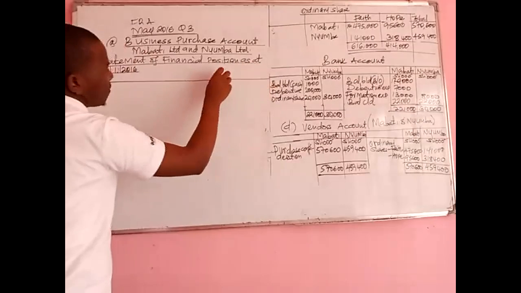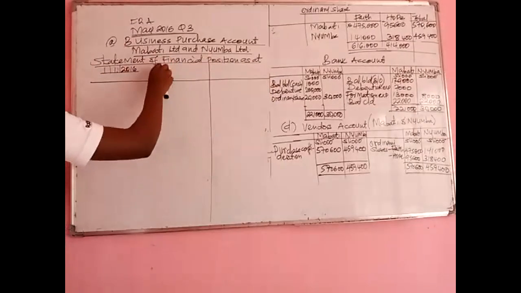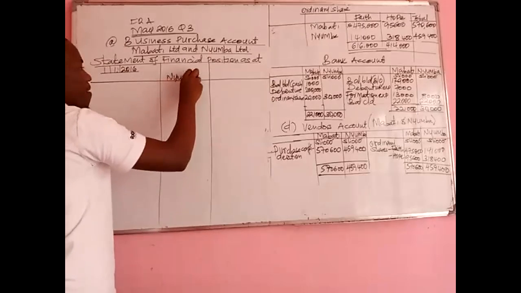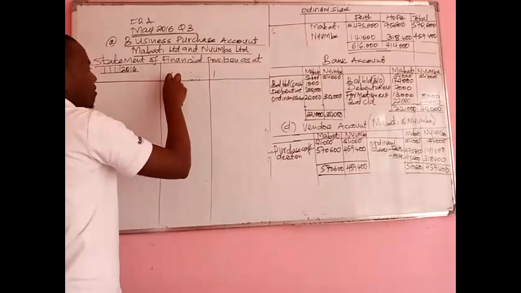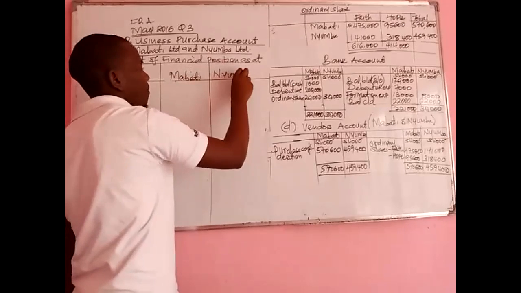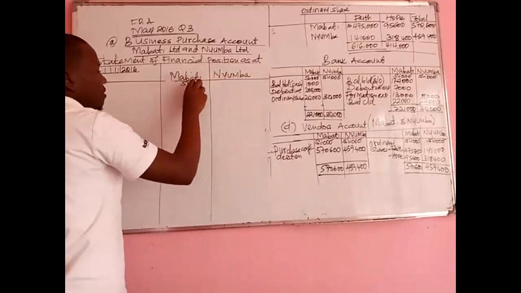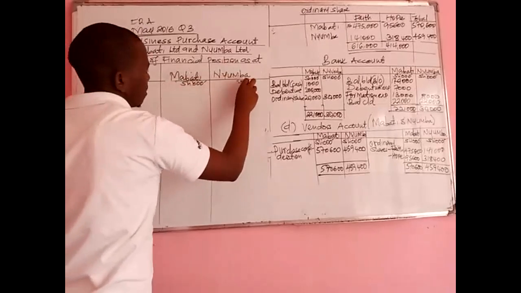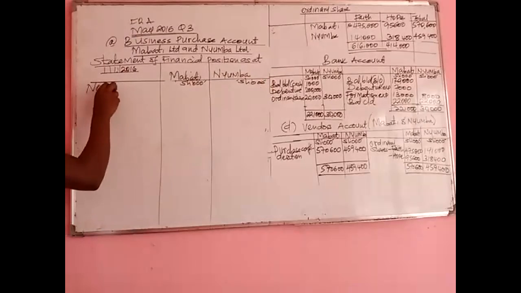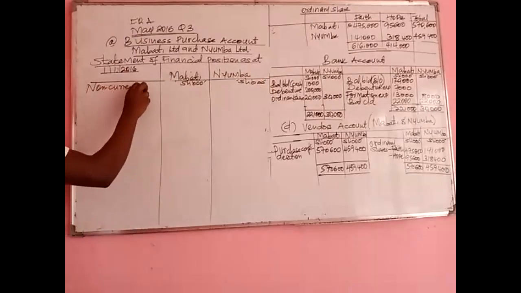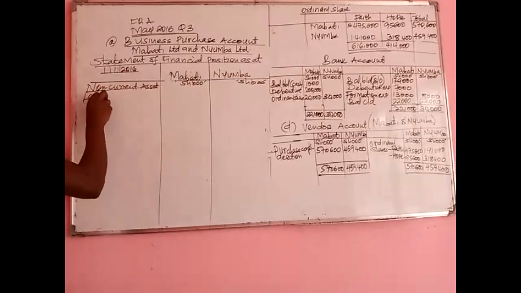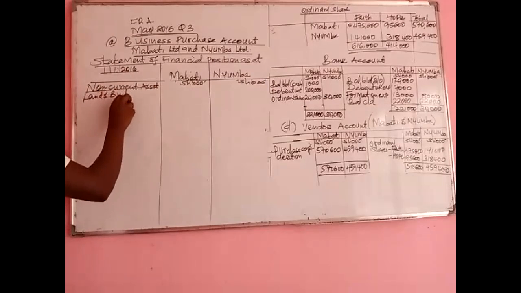So here I will have for Nyumba and for Mabati. This is Nyumba. I will also have Mabati and Nyumba. I will have shillings in thousands. Shillings in thousands. Right? So we begin with non-current assets. Mabati took over the land and building.